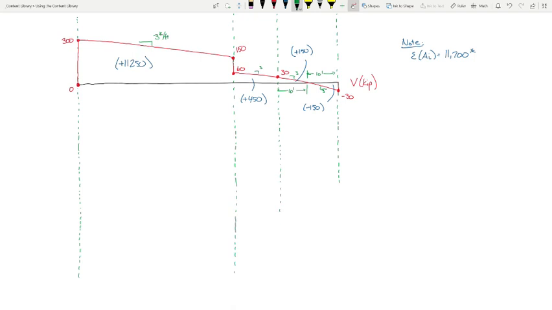Now, for my moment diagram, is my moment diagram going to be linear? Is it going to be constant? What are the regions of the moment diagram going to look like? Parabola. They're going to be parabolas, right? If I have a linear shear diagram, I have a quadratic moment diagram. Remember, you're integrating, so it's one level up.